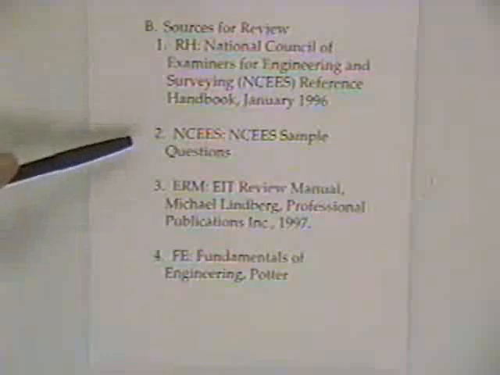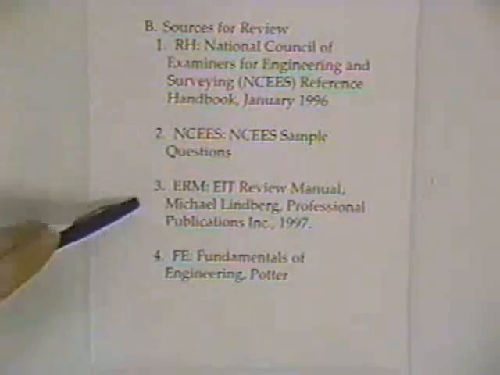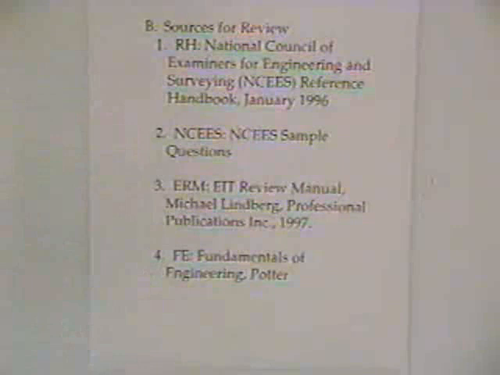The other important source is a publication of sample questions, again put out by the people that are going to make the FE exam, and then 2 review manuals that cover preparation for the FE. So you'll see as we go through the material that there are a number of places where the material has a reference to one of those topics.